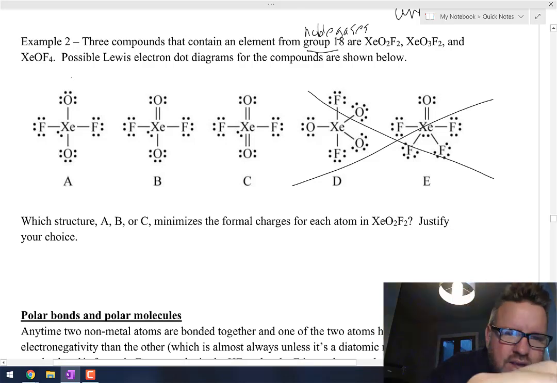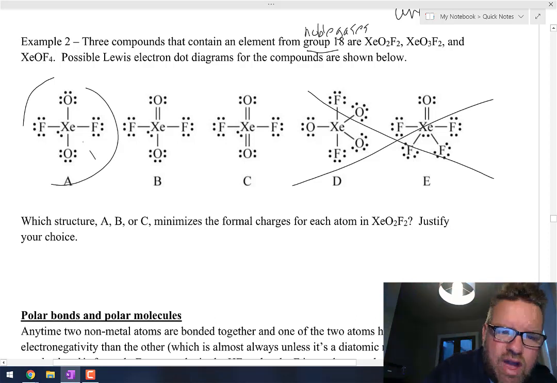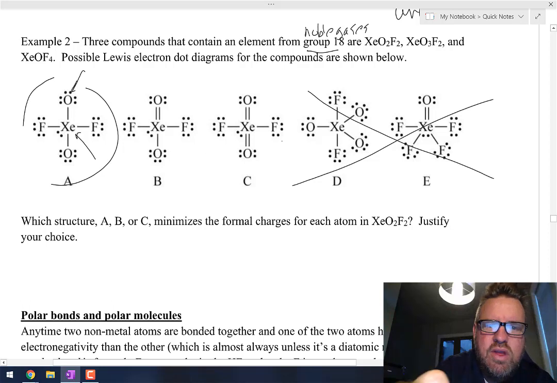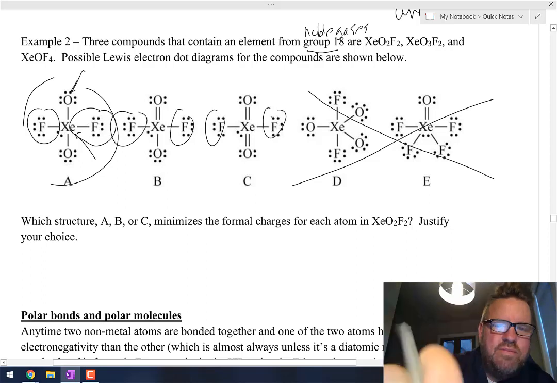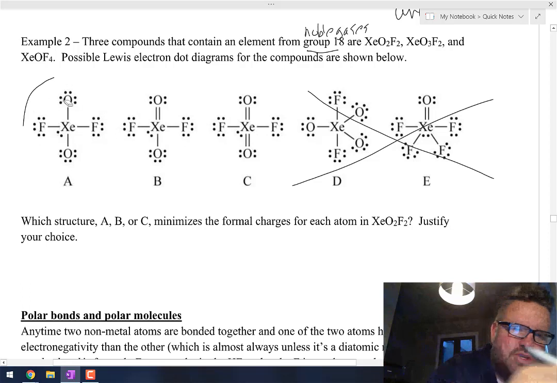Okay, so I'm just kind of looking at A, and I'm focusing on xenon and oxygen, because the fluorines, all of the fluorines I can see have the 6 dots plus the 1 line. That's 7, 7, 7, 7, 7. All the fluorines are fine. None of the fluorines have formal charges.